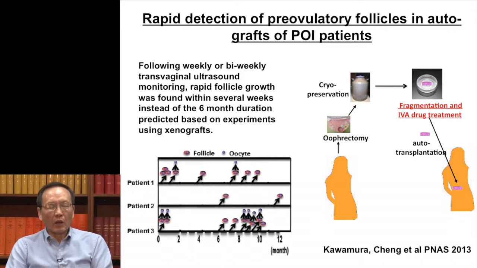As you can see in the left-hand lower corner, there were 3 patients at that time, and the arrow indicates preovulatory follicles starting to grow, and the dots on top show preovulatory follicles, and then in some of them, the arrow shows further that an oocyte has actually been retrieved.